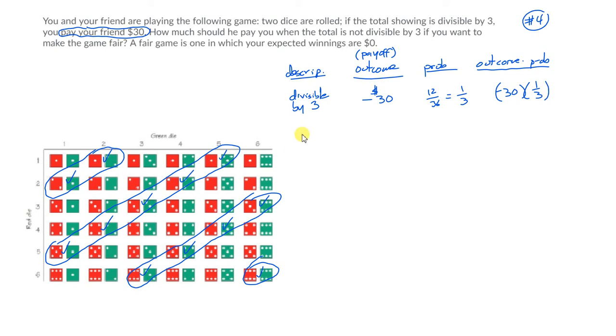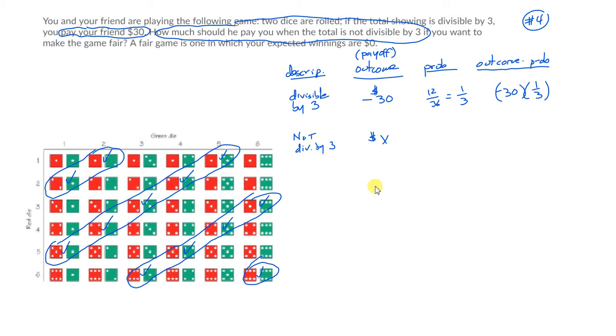Now, the next possible result would be not divisible by 3. How much do we either pay out or earn? Well, we don't know. That's what we're trying to figure out. If the total is not divisible by 3, how much should he pay us? We don't know. But it's money that's coming in, so it's positive. So I'll just call it X dollars because we're receiving it.